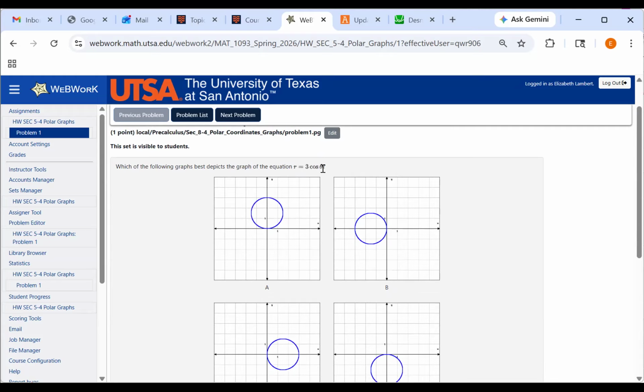If I plug in pi over 2, cosine of pi over 2 is 0. 3 times 0 is 0. So a radius of 0 is our origin. So that's a point on all of these graphs. So pi over 2 was not that helpful. Let me write that down, though.